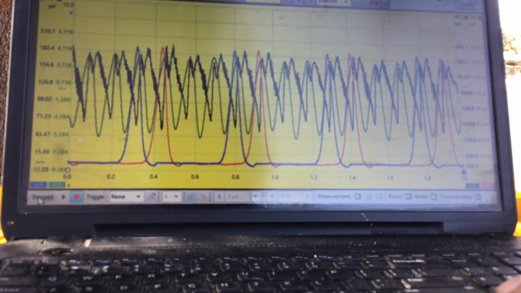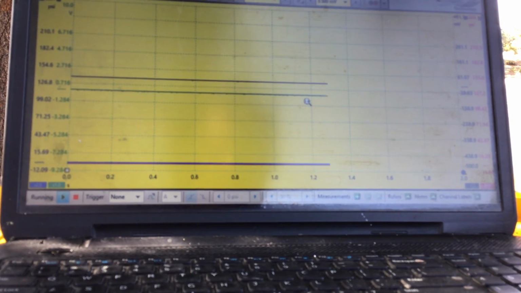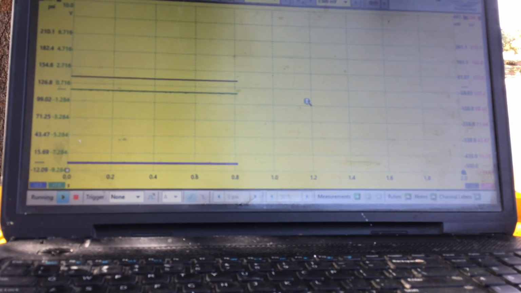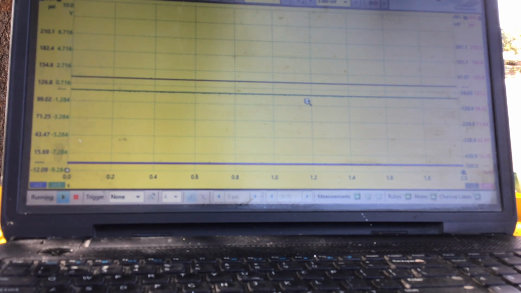We will take a capture and see what that looks like. I will crank it about 8 seconds and we'll analyze it.